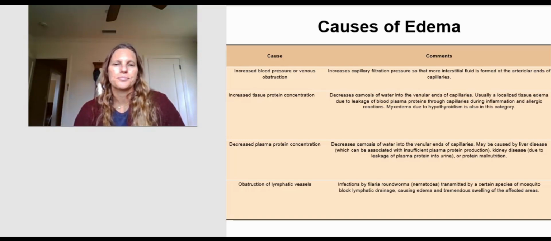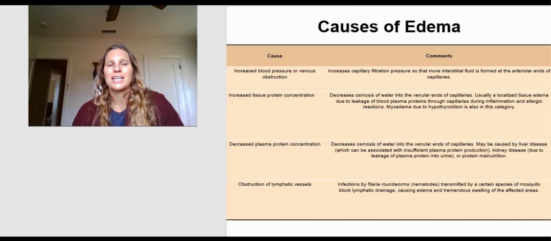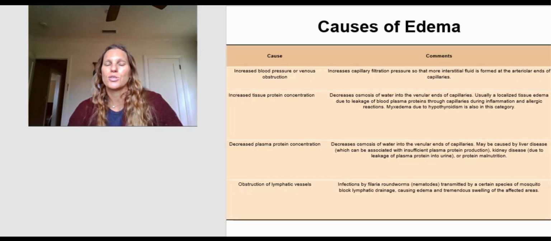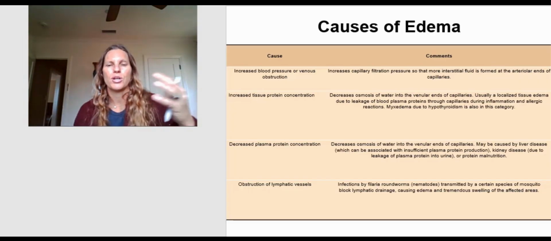There are also some pretty nasty infectious agents. The ones that are known for this are some of the worms, the roundworms. They're called nematodes. The vector is the mosquito. We think about this as a tropical illness because there are a lot more mosquitoes where you have standing water.